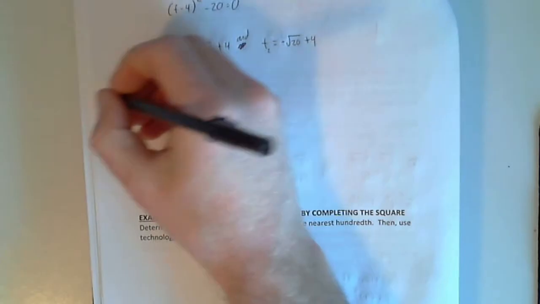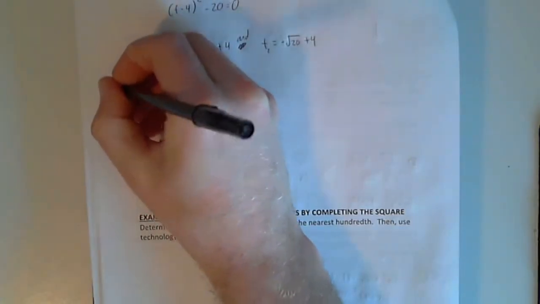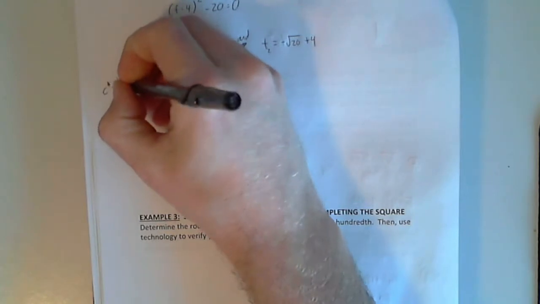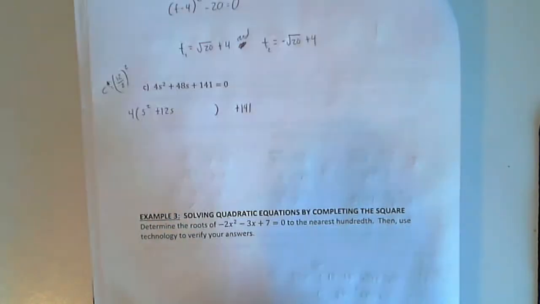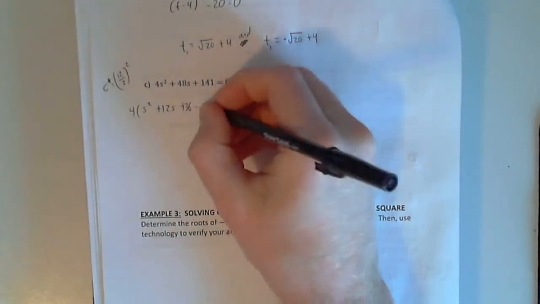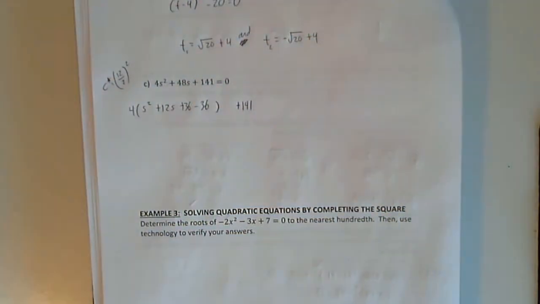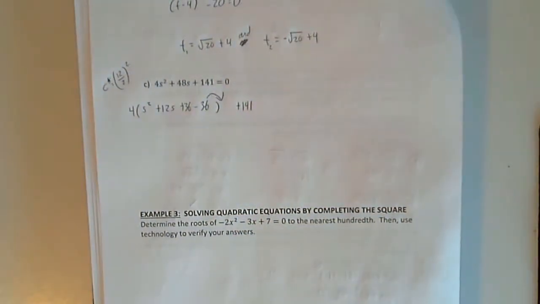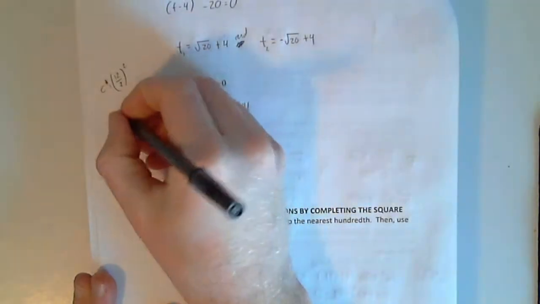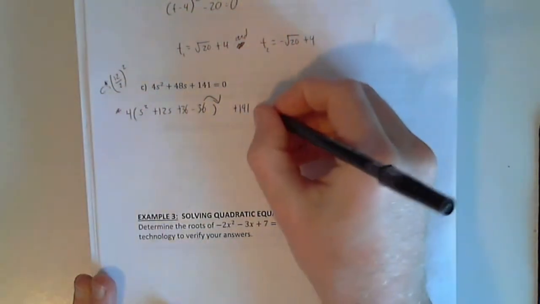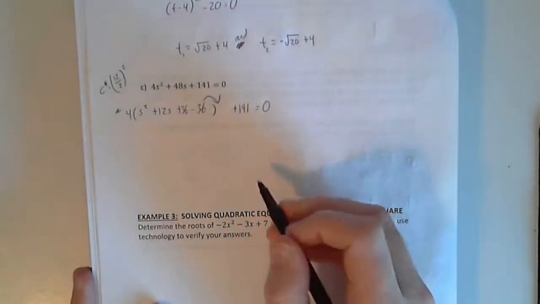Okay, now we need to find our c star. That is 12 divided by 2, squared. So 6 squared is 36. So plus and minus 36. Now we need to get rid of that guy and common factor. No equals on this side. I almost did that. It's actually an equals 0 over here.